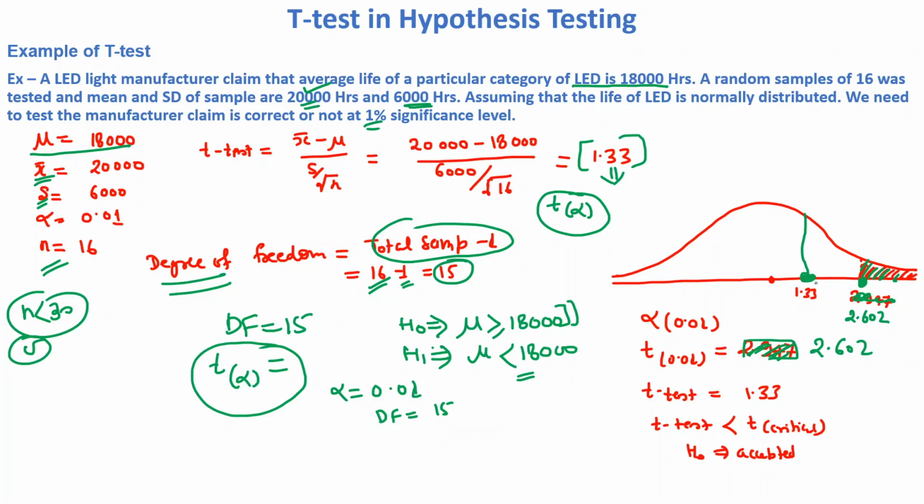So the t value we got from the test does not lie inside the critical region, which means we can accept the null hypothesis. It means we can buy these particular LEDs. So we can solve real world problems by using the t-test.